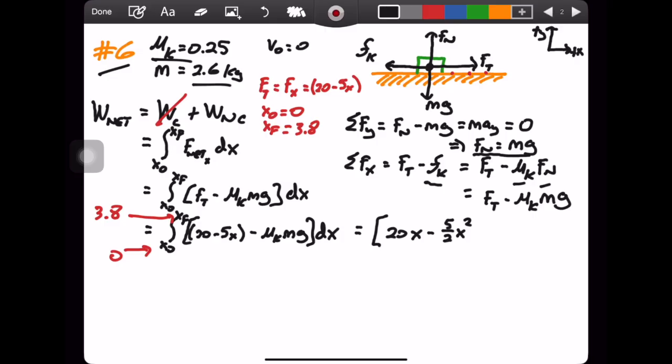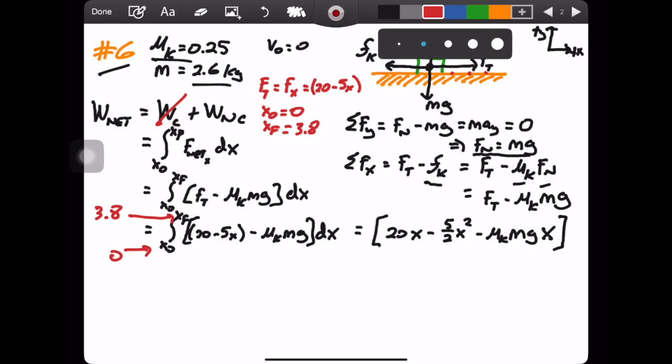And then I also have a minus mu k mg dx, and so the integral of that is just minus mu k mg x. And I'm going to evaluate this from x equals 3.8 to 0.